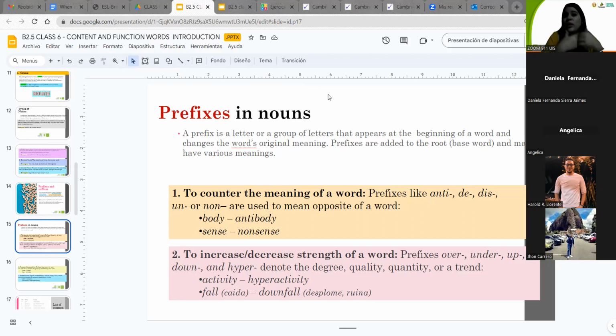Sometimes when we read, we come across these words, so it's like, okay, I have read this word in this way, so I know that the prefix or the suffix is this one. For example, to form adjectives like possible, impossible, right?